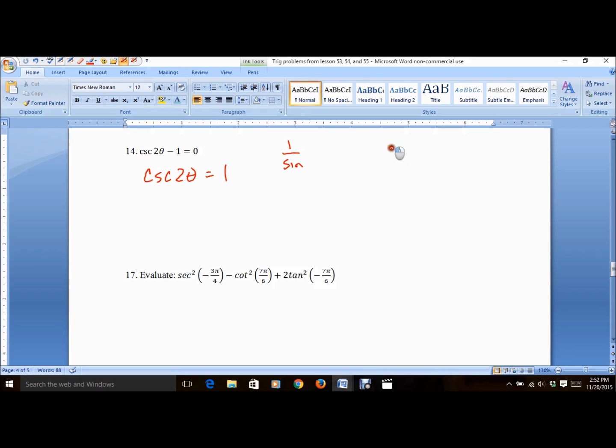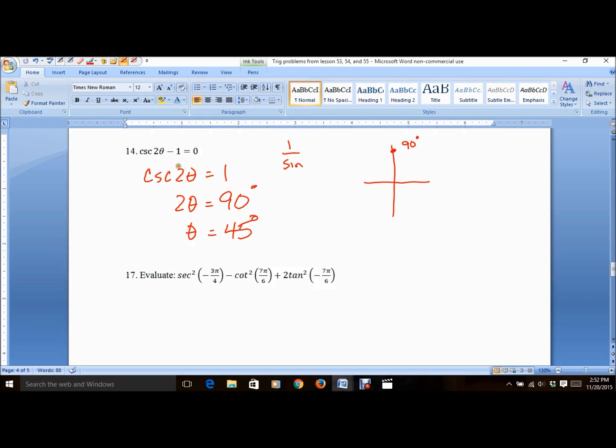And sine is only 1 right here at 90 degrees. That's the only place that sine is 1, because the y coordinate is 1 here. So the cosecant is 1 over 1 at 90 degrees. So 2 theta is going to be 90, which means that theta would be 45.